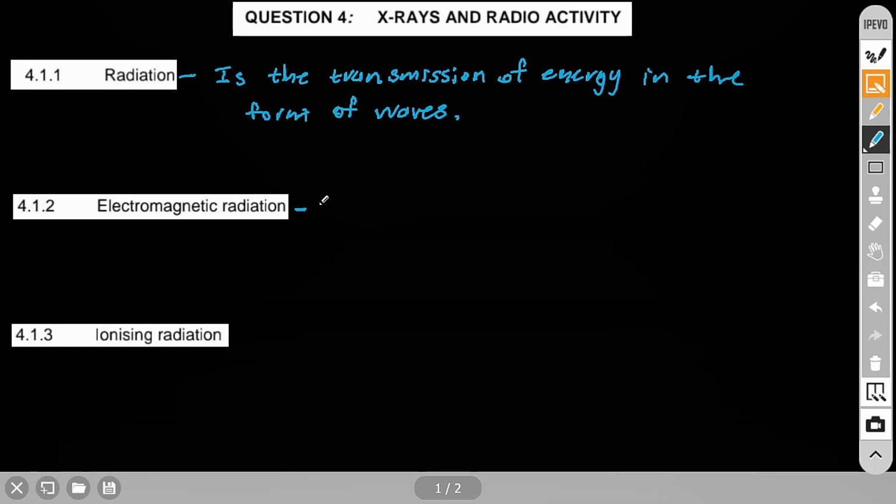And then for electromagnetic radiation, it is the form of energy that propagates as both electrical and magnetic waves.